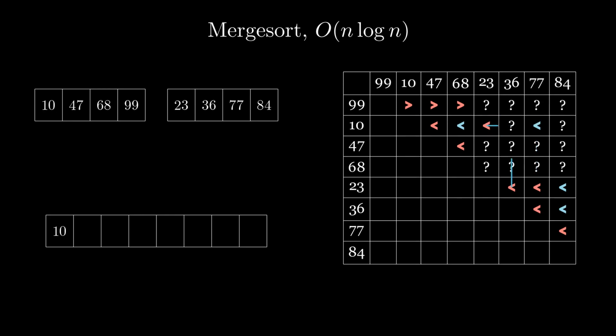This is the secret of merge sort's speedup. Merge sort uses transitivity through divide and conquer to guarantee it never has to manually compute every pair of elements, no matter the input.